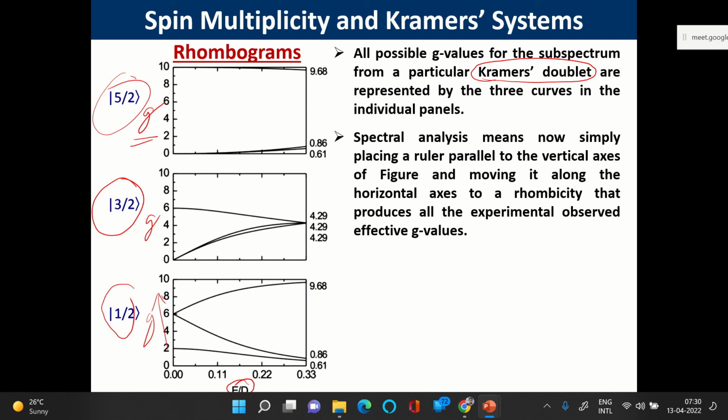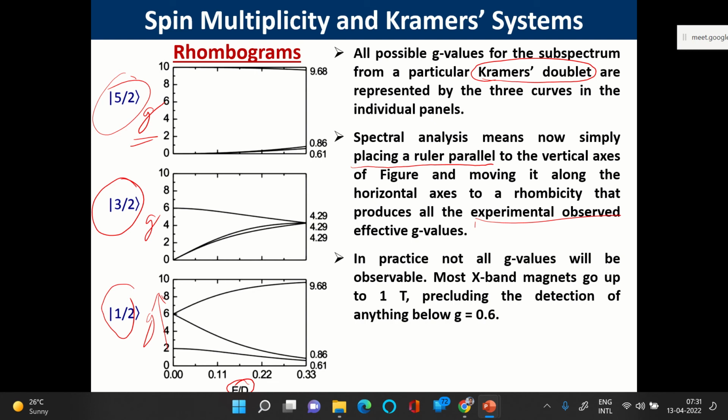You can understand what kind of transitions these are by placing a scale, a ruler, parallel to the vertical axis and finding where it matches the observed experimental g values. On the next slide I will show how you do that.